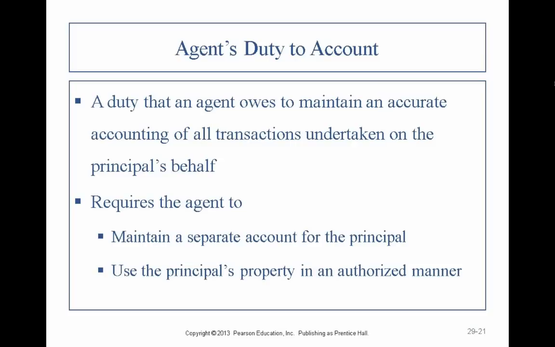They don't commingle. The word commingle means they don't take their money and my money and put it all together. It is a separate pot. You keep a separate account for the principal. You only use the principal's property as specified in that agency relationship. You basically account for the monies that are entrusted to you.